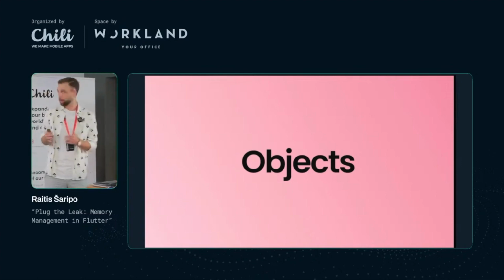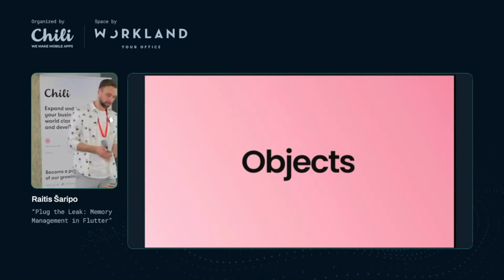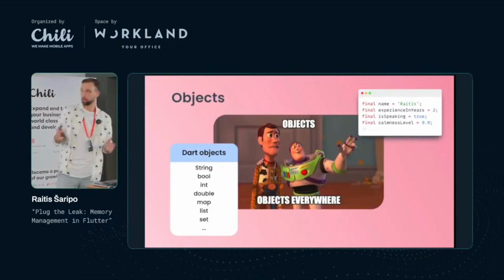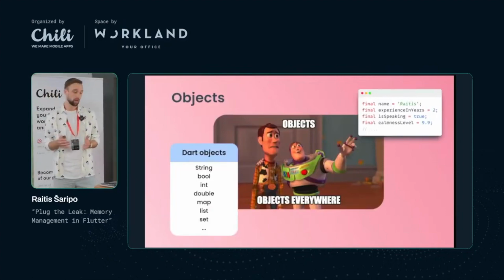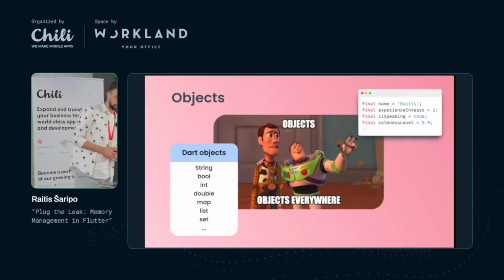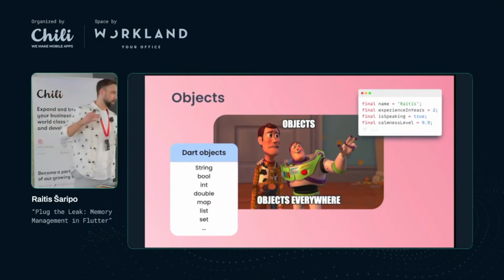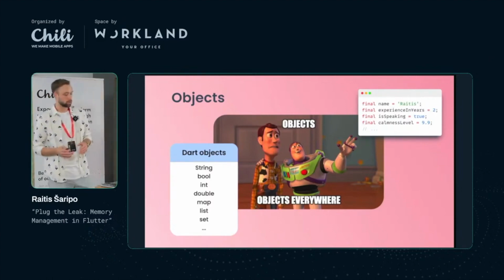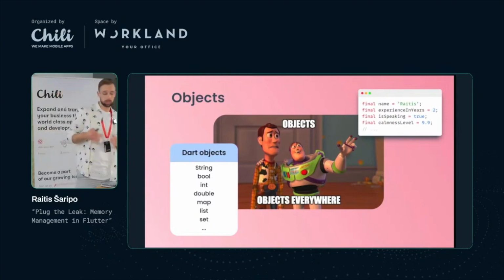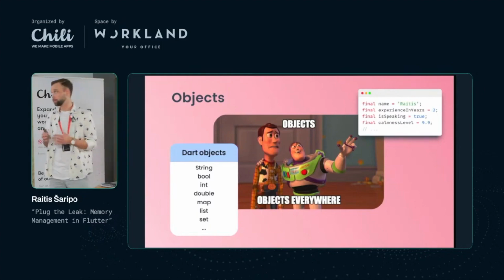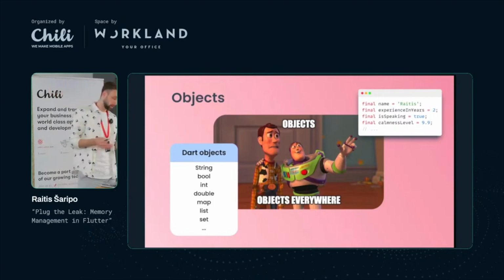And when talking about objects in Dart, you can actually say that in Dart, everything is an object, because it is, apart from null, of course. So everything from strings, booleans, integers, to maps, lists, and so on, everything is an object in Dart.